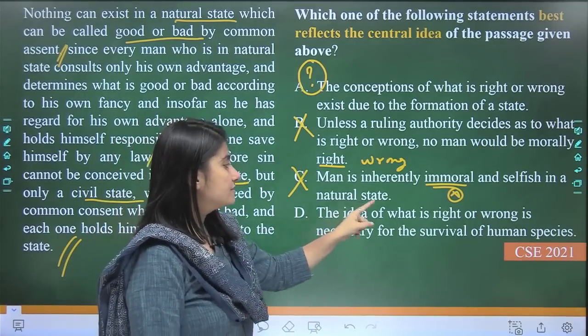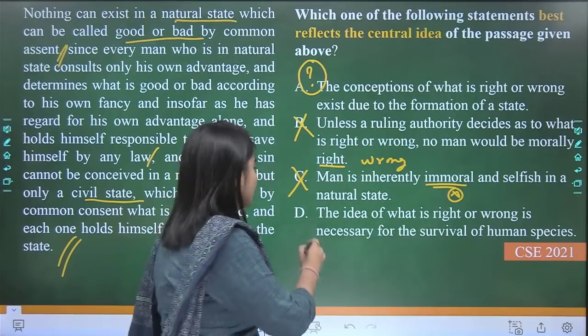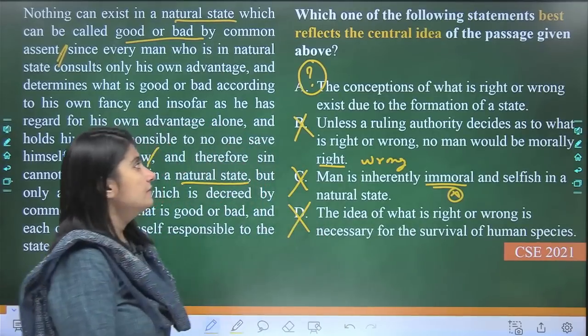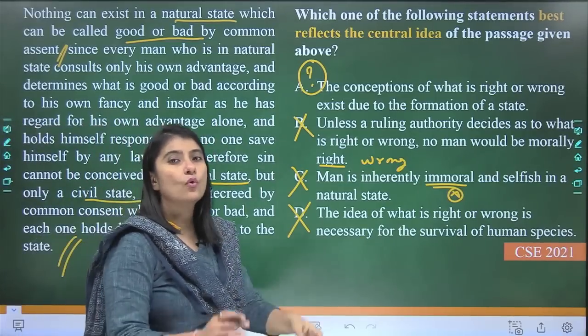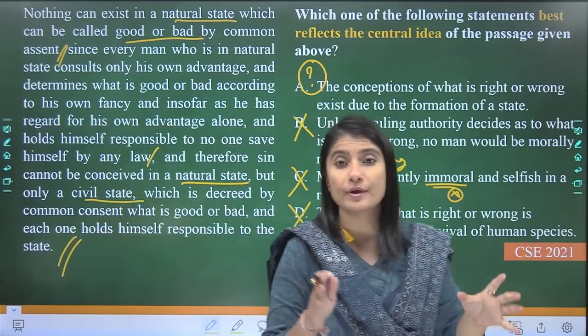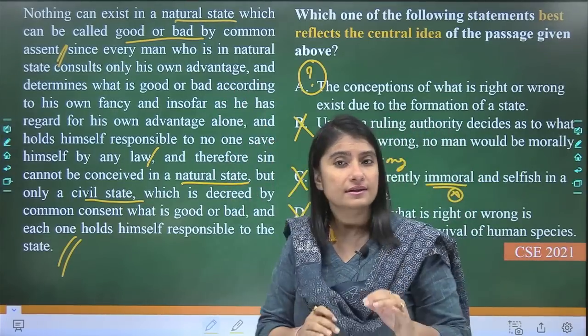The idea of what is right or wrong is necessary for the survival of human species. We are not talking about survival here. So yes, you are talking about right or wrong, it exists only due to the formation of a state. Otherwise, in natural state, there is nothing wrong, nothing right.